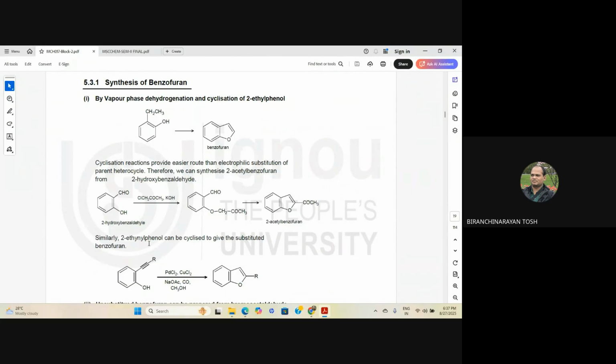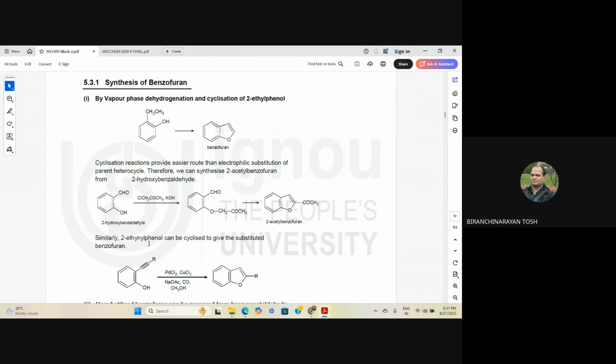At elevated temperature, this vapor will undergo dehydrogenation and cyclization takes place. The cyclization reaction provides an easier route than electrophilic substitution of the parent heterocycle. Therefore, we can synthesize 2-acetylbenzofuran from 2-hydroxybenzaldehyde.